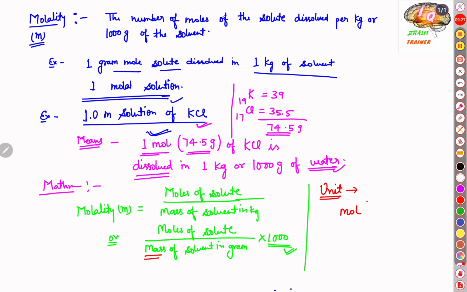So the unit is mole per kg, or you can also write it like this, mole kg inverse. Both you can write. Now we are going to discuss a few examples based on this formula.